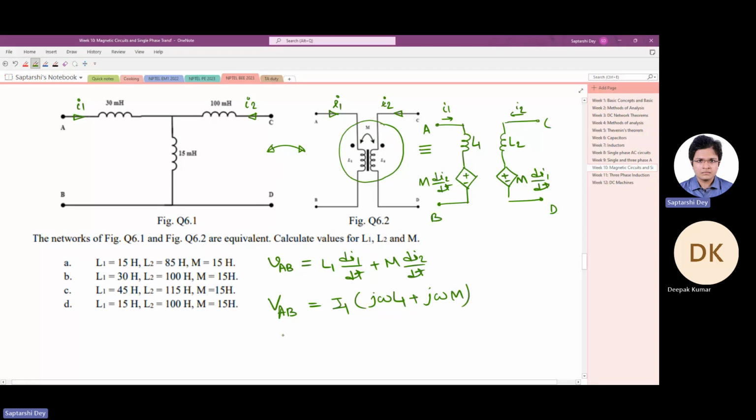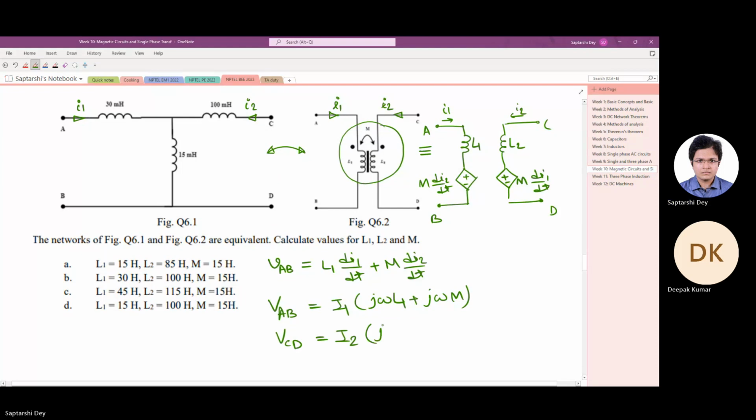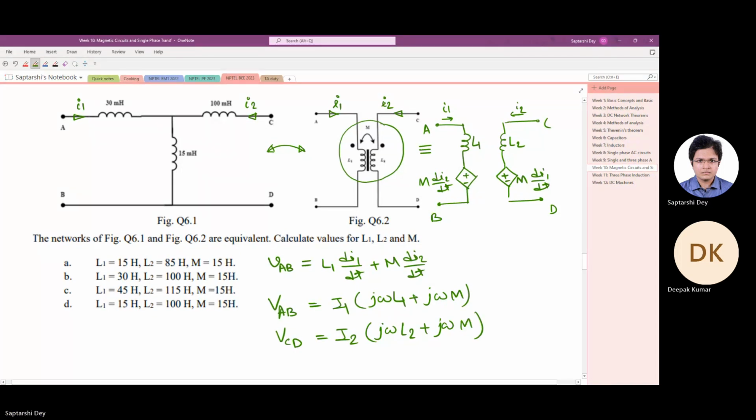Similarly, for the other part we can write I2 times (j omega L2 plus j omega M). This is what we get from this.